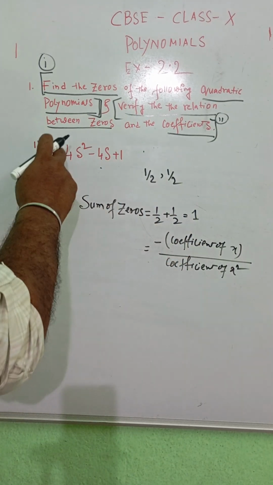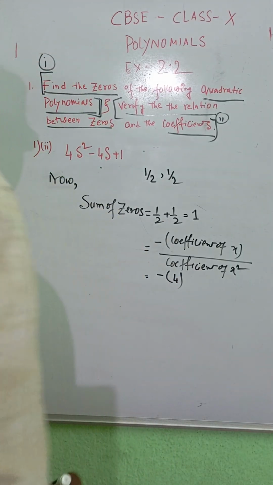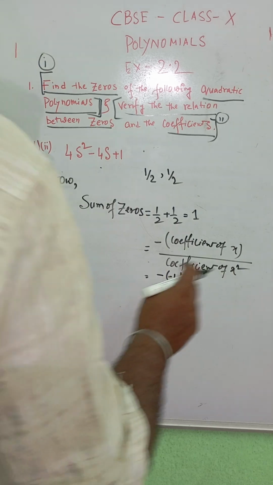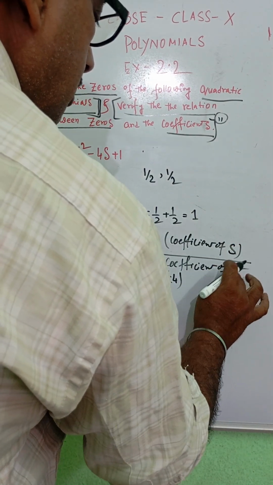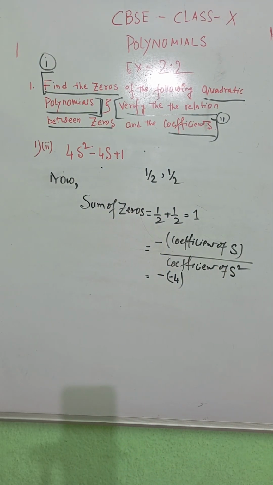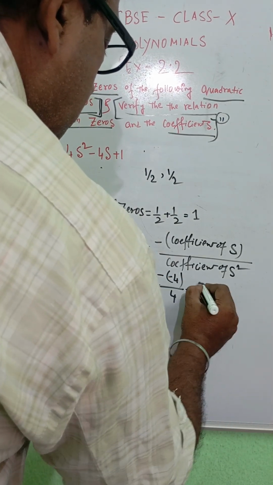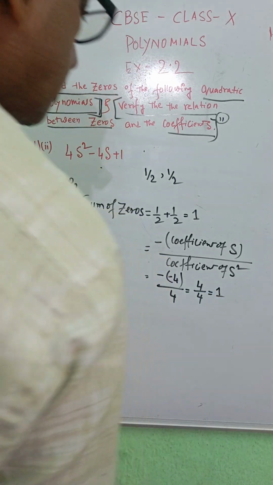Now what is the coefficient of x? Minus 4. Now the coefficient of s square is 4. That is minus of minus 4 by 4 is equal to 1. Verified.